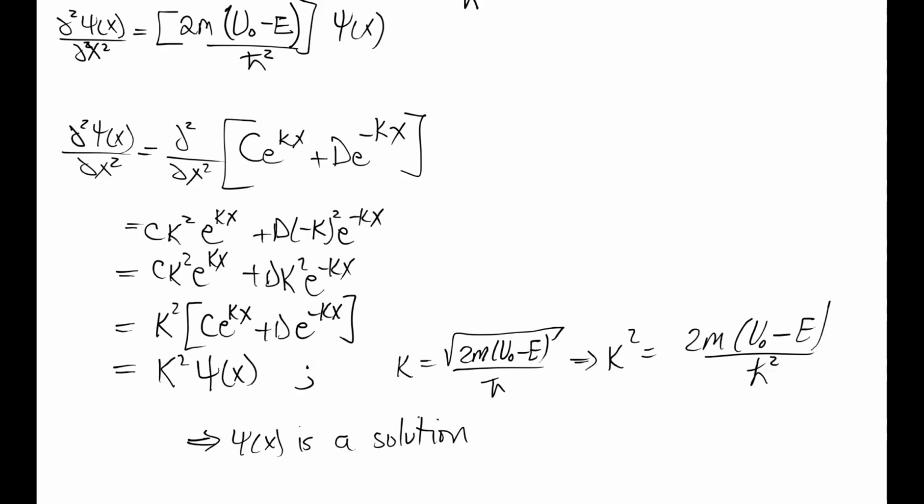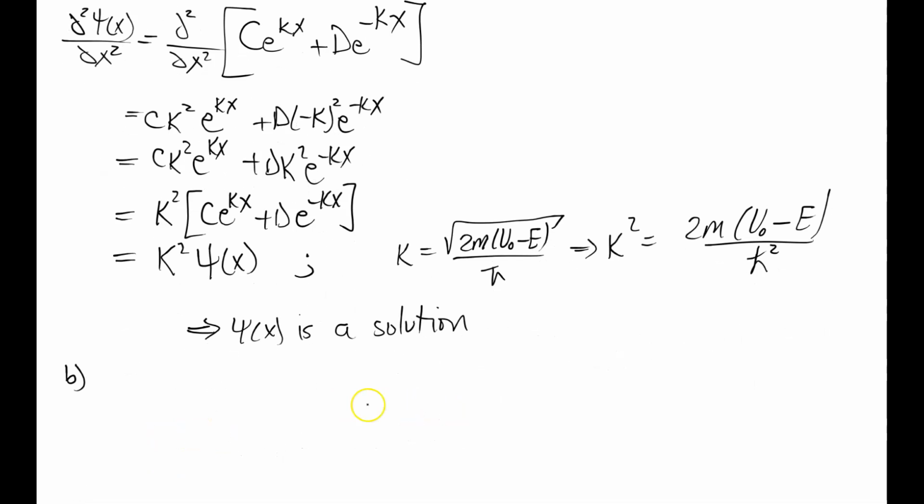And now we're asked what happens when U0 goes to infinity. So as U0 approaches infinity, k will also approach infinity.